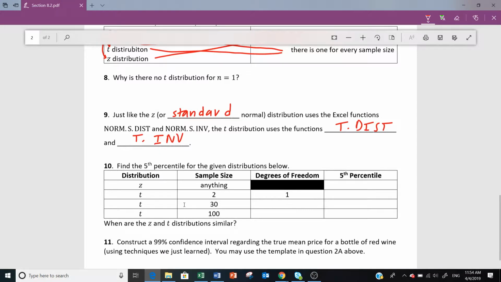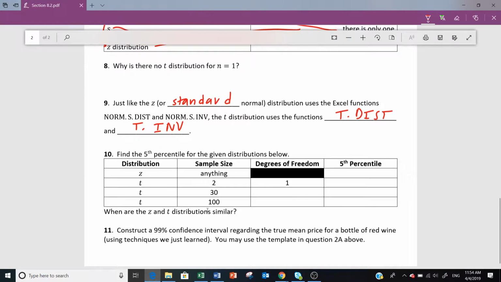Now what I want us to do is find the 5th percentile for the z distribution, and then also for the t distribution with a sample of size 2, a sample of size 30, and a sample of size 100. The reason we're creating a new column called degrees of freedom is that we start with a sample of size 2, which we call degrees of freedom 1.